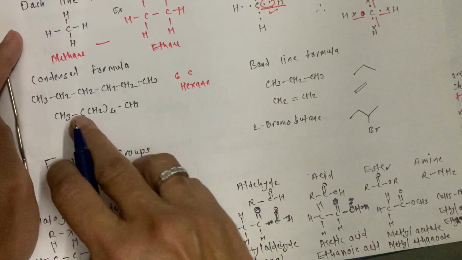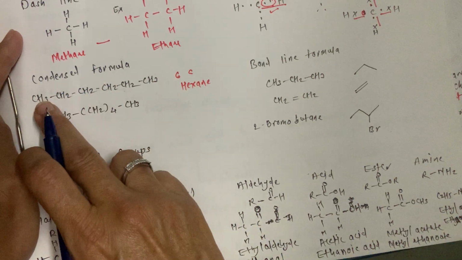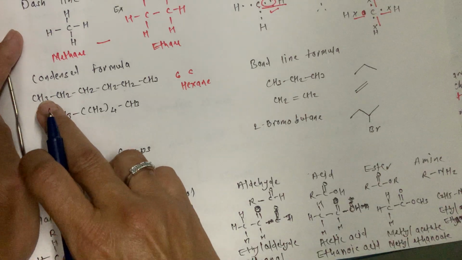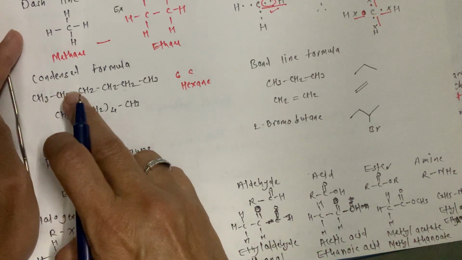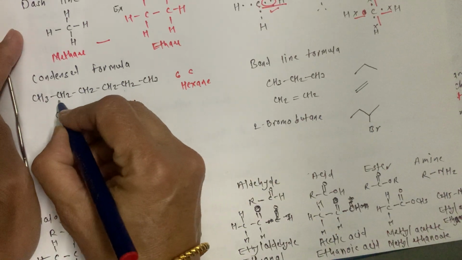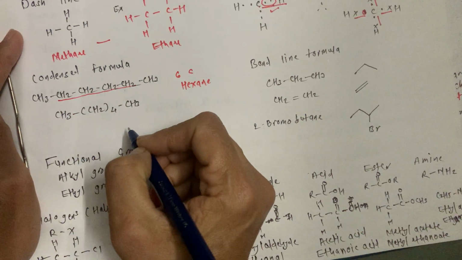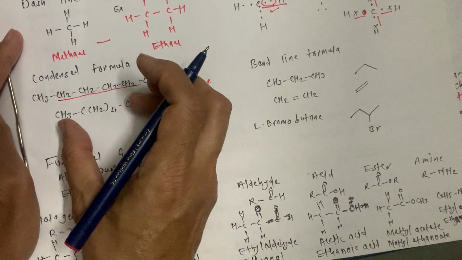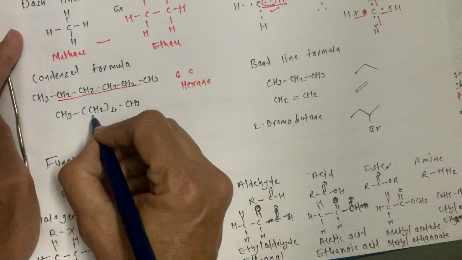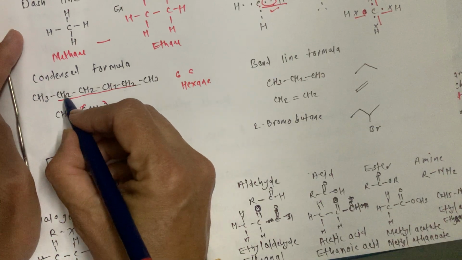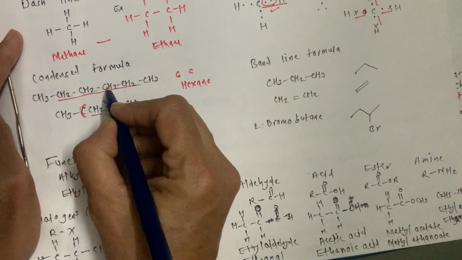When we are going to write in detail, we can write all 6 carbons separately and showing bonds in between C everywhere. Okay, but as these 4 groups are same, that is CH2, to reduce our structure, we can write this CH2 in a bracket like this, and we are going to mention how many CH2, 1 2 3 4.